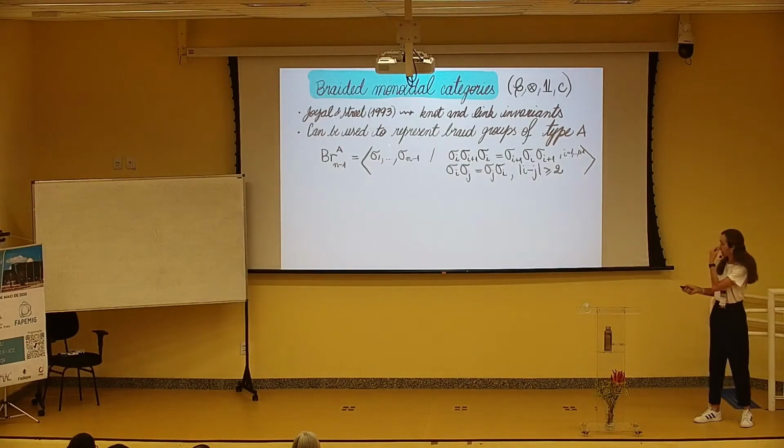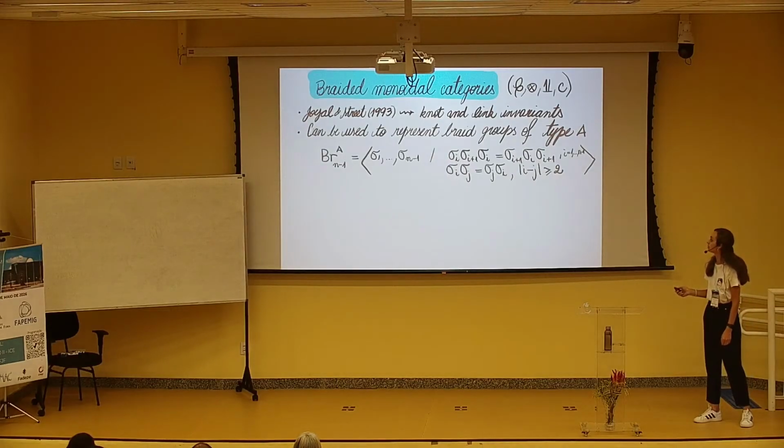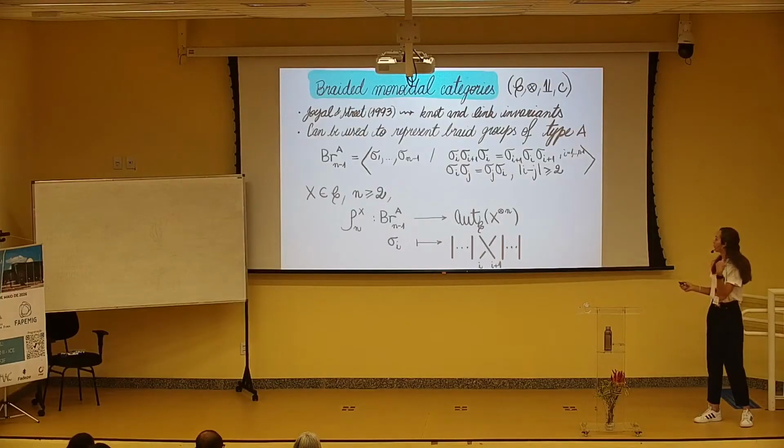It is the group that has n-1 generators, and the relations are: if I'm next to my neighbor, I have this relation, and if I'm far from someone, I can commute with this one. So this is the braid group, and you can use braided monoidal categories to represent those groups.